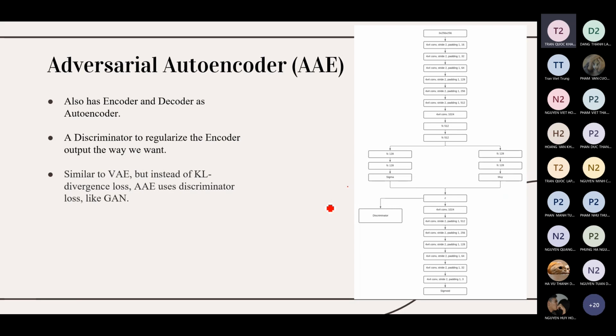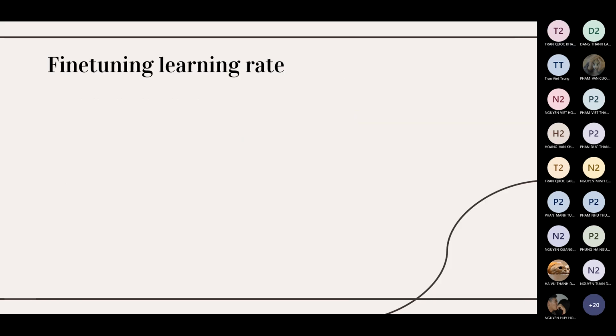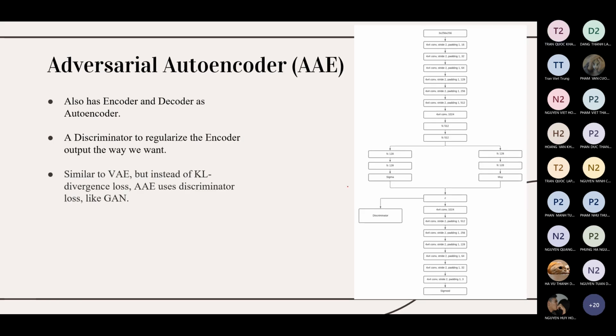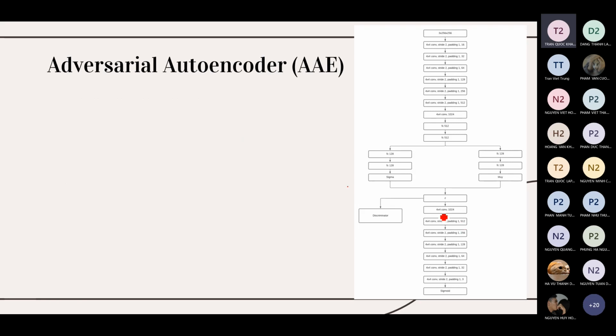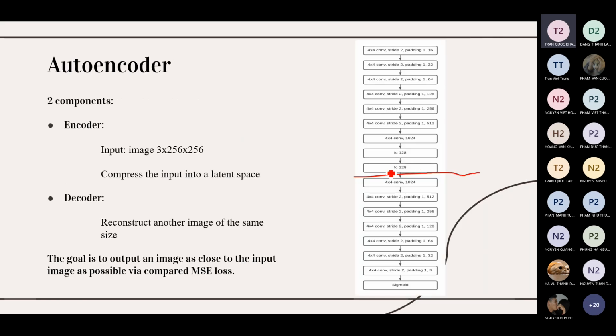And the last phase is to train the encoder to encode latents that look like the fixed distribution. One thing that I want to clarify here: the 129 here is not fixed. It's the latent dimension, so it can be trained, and we will fine tune it.